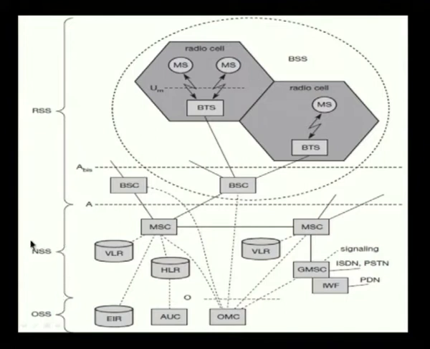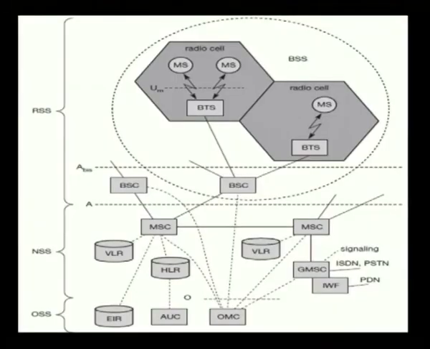Now, as the name says, the network switching subsystem creates the entire backbone network for the entire GSM network. It includes mobile switching center, that is MSC, and VLR, that is visitor location register, and home location register.